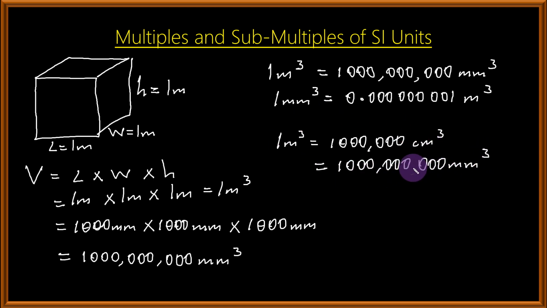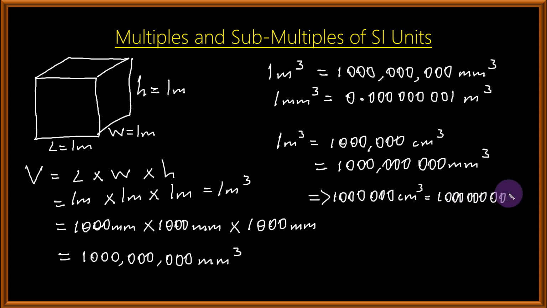At this point, because we are talking about the same physical quantity or the same magnitude of volume, 1 meter cubed being equal to that, again 1 meter cubed is equal to that, it follows that this 1 million centimeters cubed is equal to 1 billion.